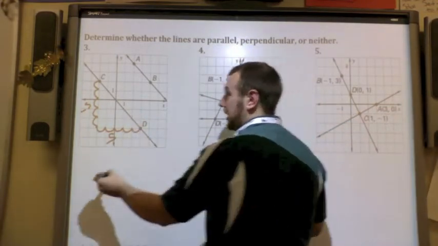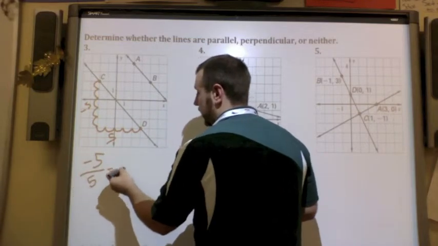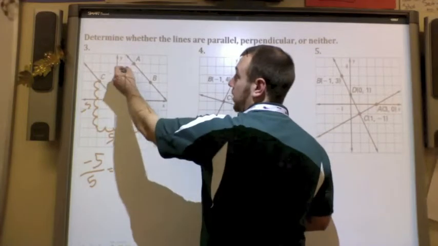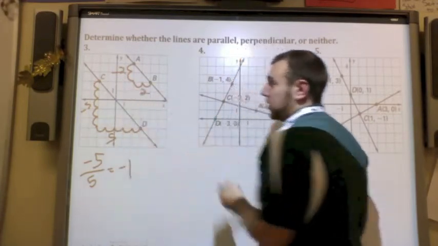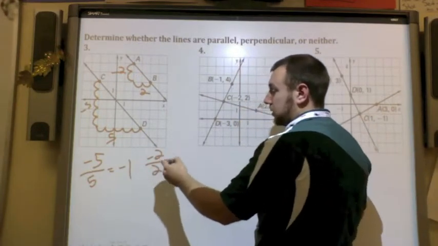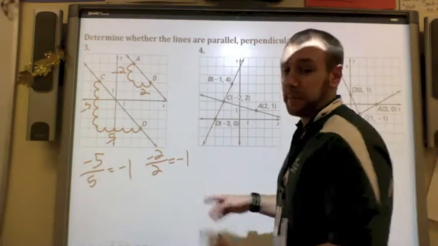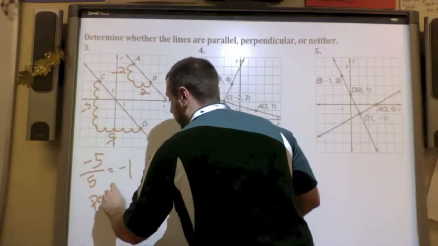So the slope between these is negative 5 over 5, which is negative 1. For this one it is down 2 over 2. So that reduces down to negative 1. So these slopes are the same. So these lines are parallel.